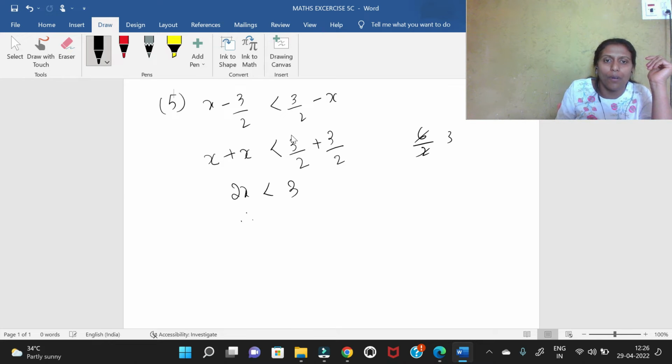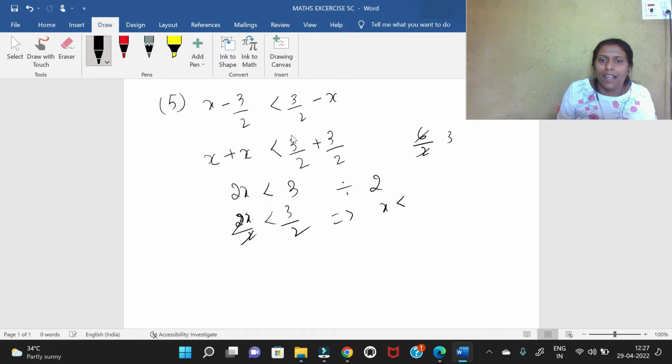So therefore, when 2x is lesser than 3, now do one thing, divide the entire equation by 2. Therefore, it is 2x by 2 less than 3 by 2, which becomes x less than 3 by 2. Being that a solution set with the whole numbers, what is it?